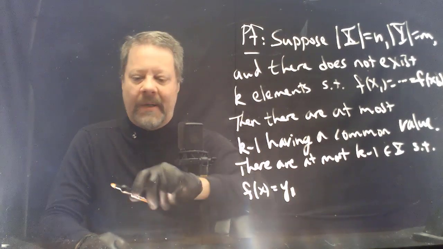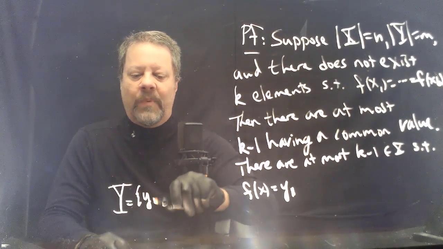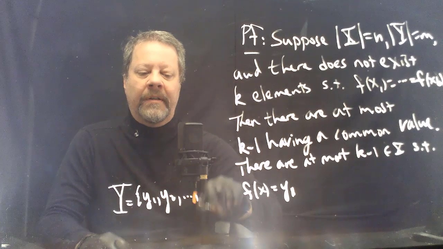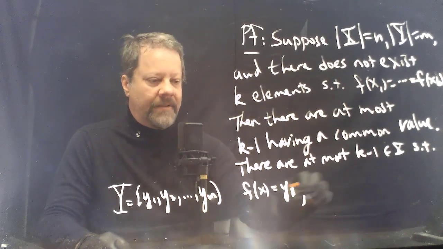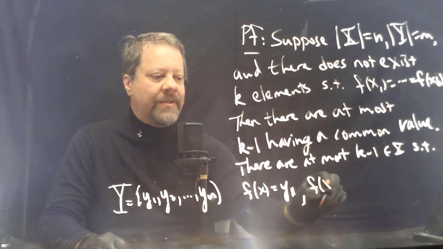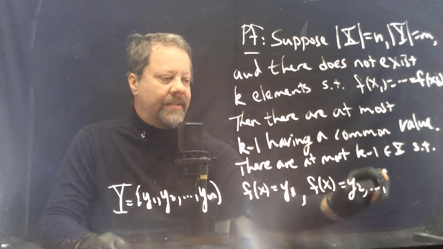Let's suppose y is enumerated as y1, y2 through ym. What is more, there are at most k minus 1 elements so that f of x equals y2, and so on.